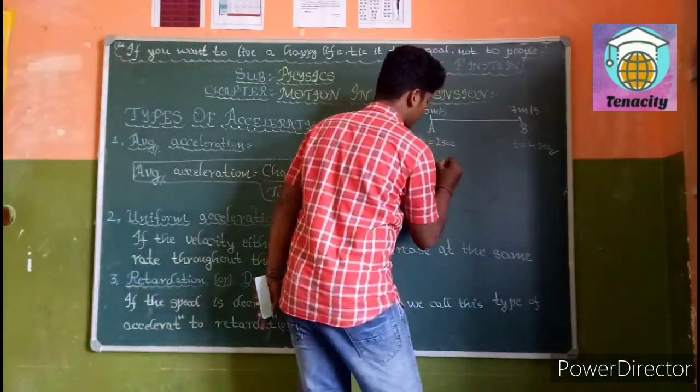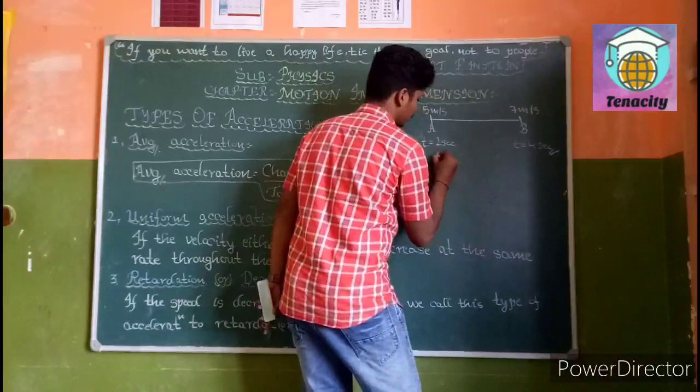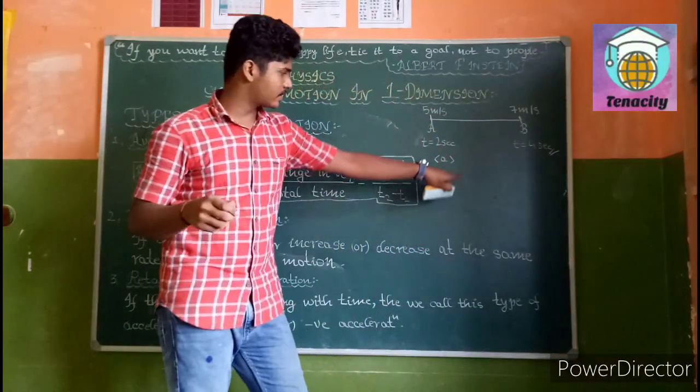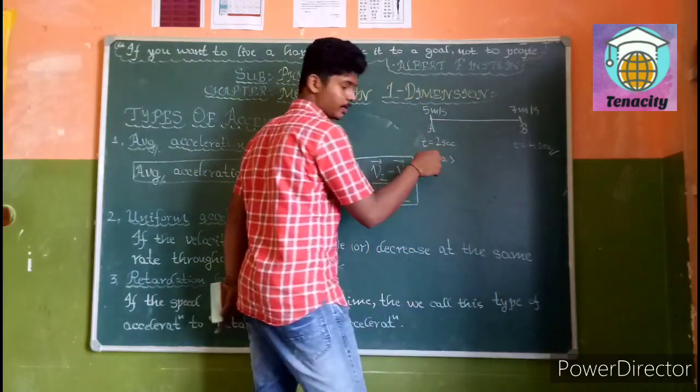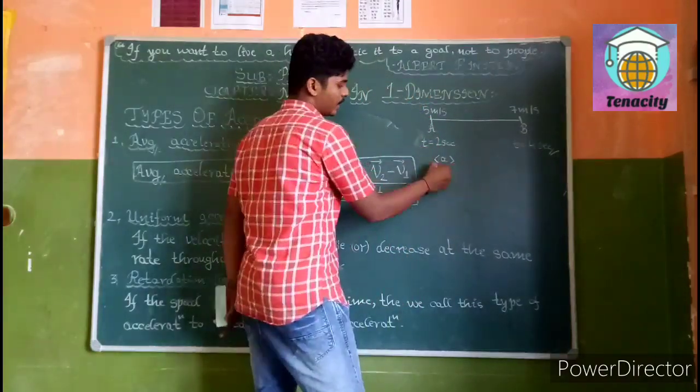Generally we denote average acceleration in this manner, with a bracket-like symbol, with subscripts for final and initial.